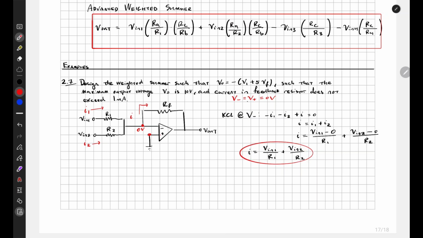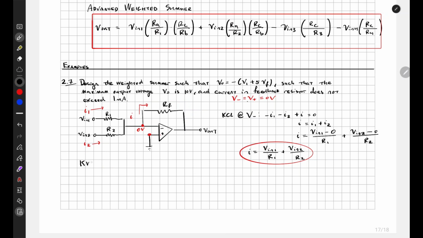And then we can do KVL. We can see that V out is equal to this voltage plus the voltage drop across this resistor. But we defined I as going this way, so we should put a minus sign in front of the voltage drop across the RF resistor.